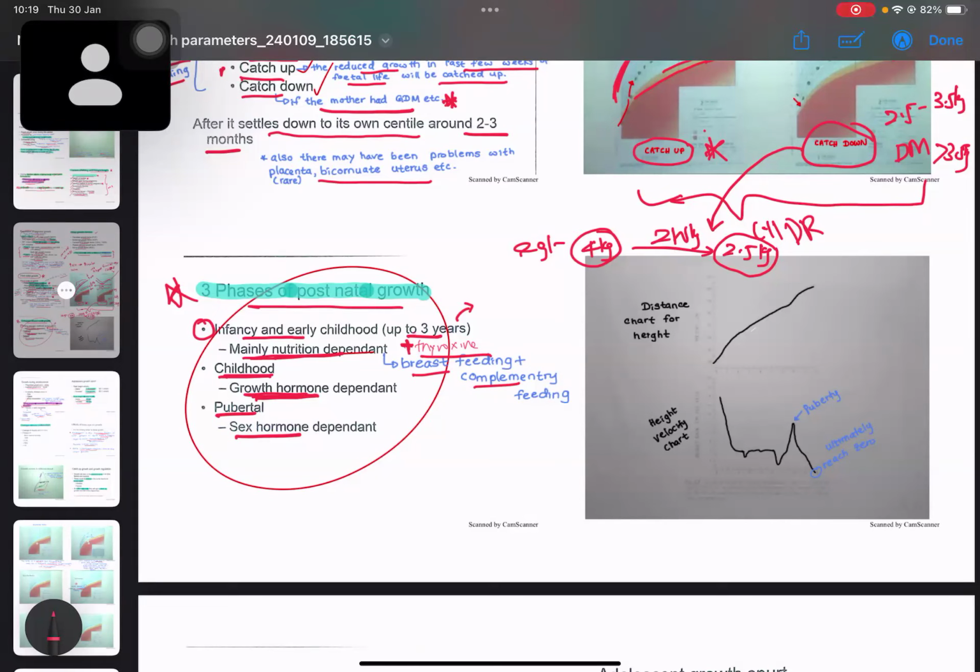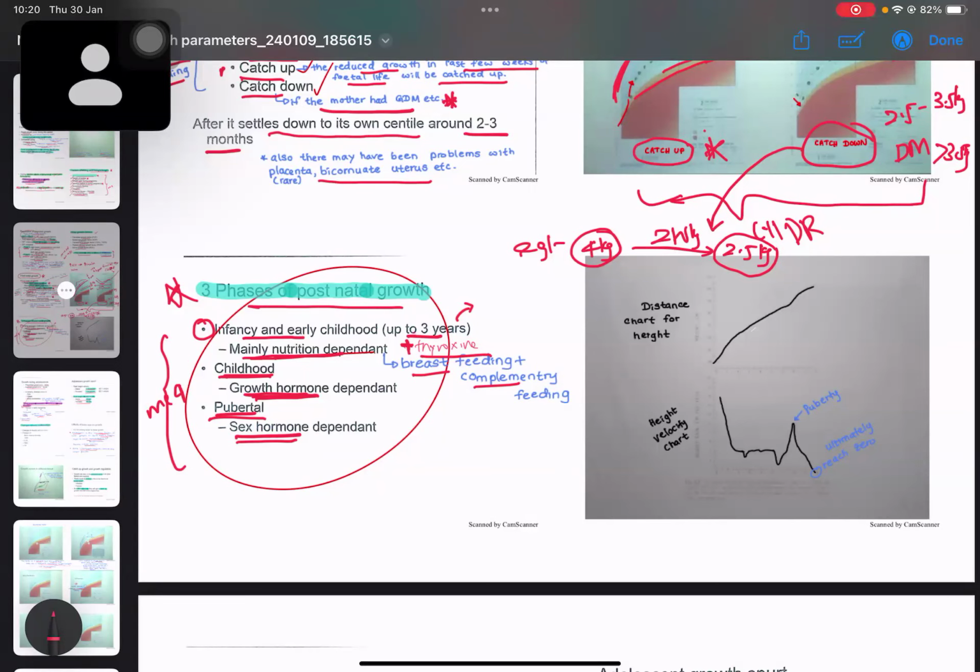Rather than nutrition or thyroxine level, it's growth hormone, which is the main thing that affects the childhood growth. During puberty, sex hormone is the thing which mainly affects the growth after puberty. Okay, so these are the frequently asked MCQ points, because the stem will come like sex hormone dependent growth happens during childhood.